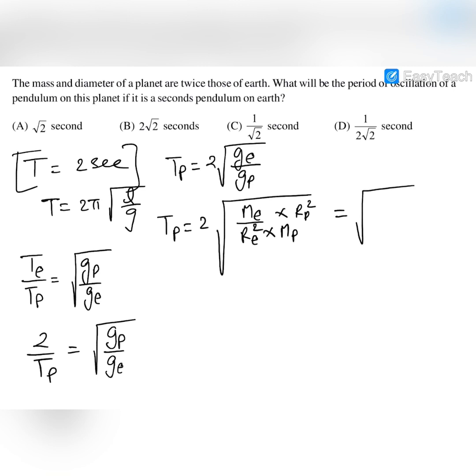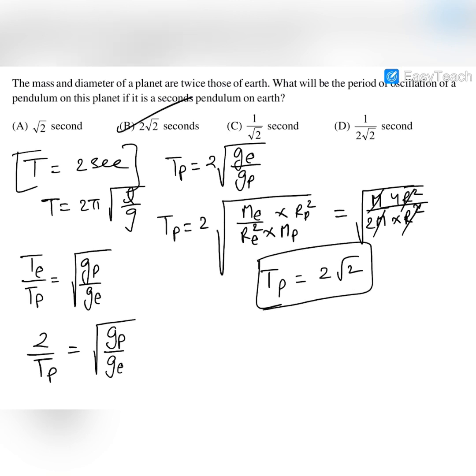So if the mass of Earth is M, then the mass of that planet would be 2M, and if the radius of Earth is r, then the radius of that planet would be 2r. So this is 4r square. Cancelling r with r, M with M, you can see that the time period of this pendulum on that planet will be 2 into root 2. So the correct answer will be 2 root 2 seconds.